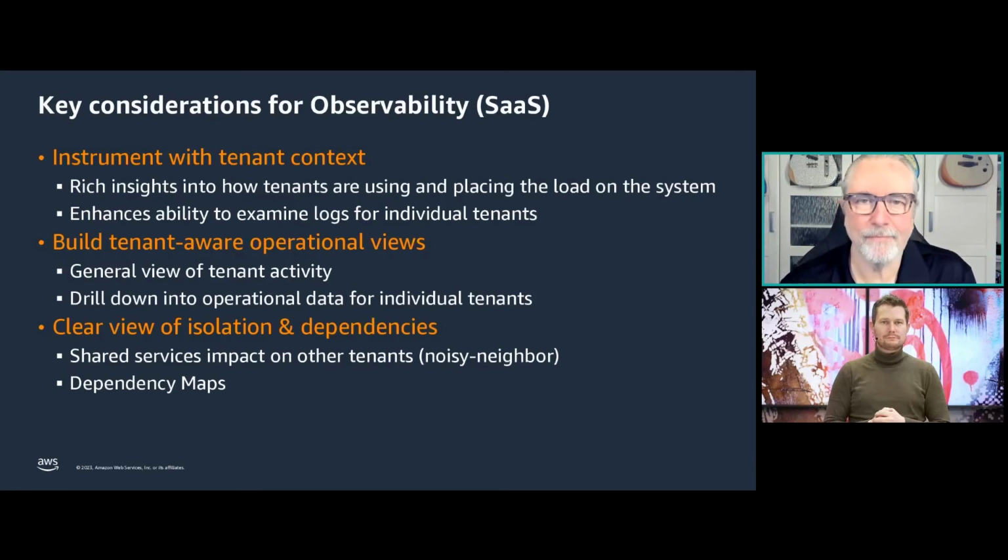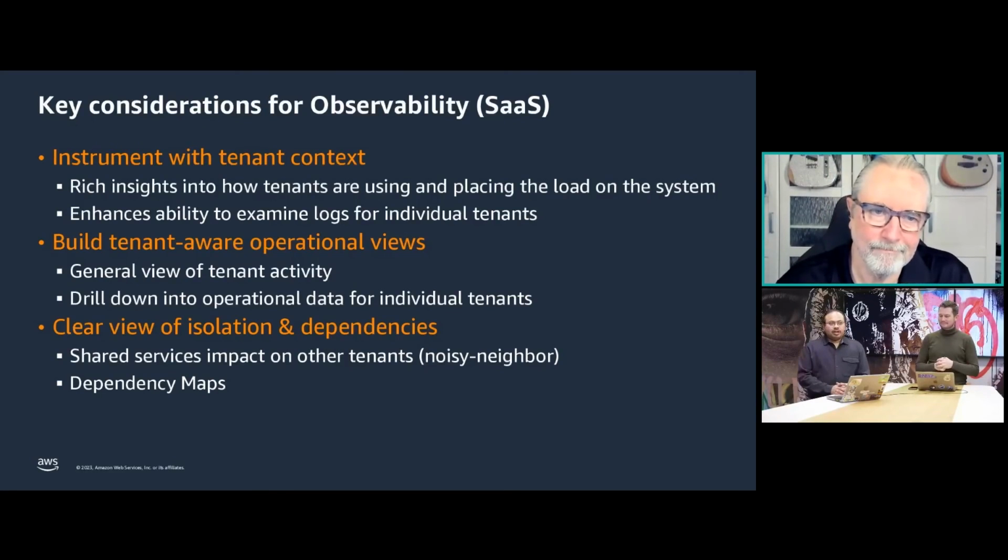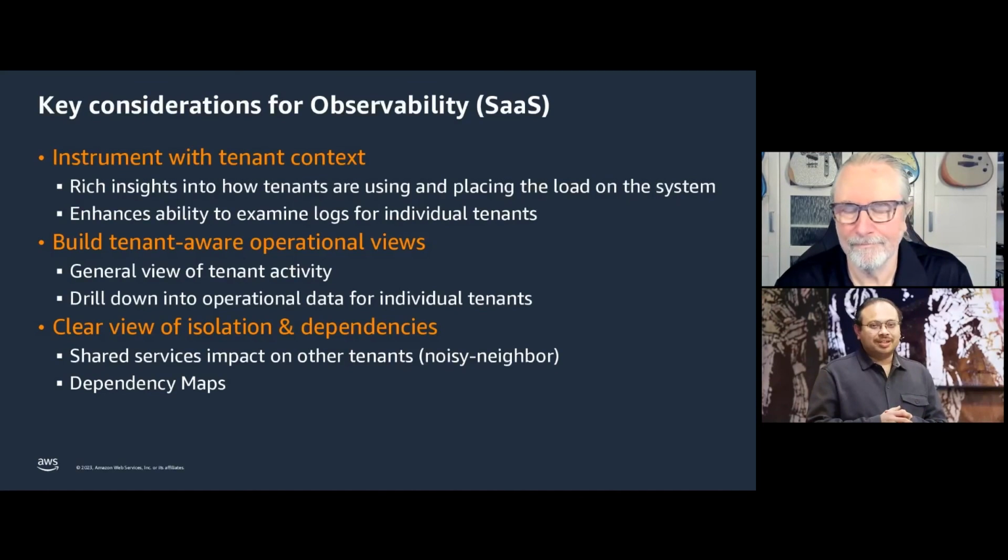Great. Siva, final thoughts on this before we wrap up? Yeah, we've been talking about different roles. We also had a poll about which roles have joined this webinar today, but a role that hasn't been spoken about enough is the customer success or the support role, who are key customer facing roles.